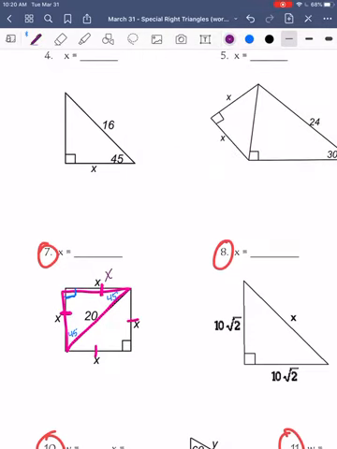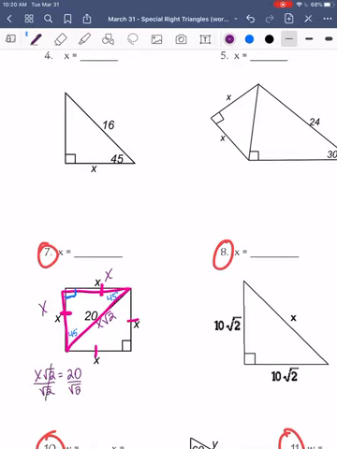Now, the nice thing is here, the x's are the actual x side lengths, okay? But this is a little bit trickier of a problem because we do not have the x side. So we want to take the 20 and the x root 2 and set up an equation. So x root 2 equals 20, and then we're going to divide by root 2. Okay?